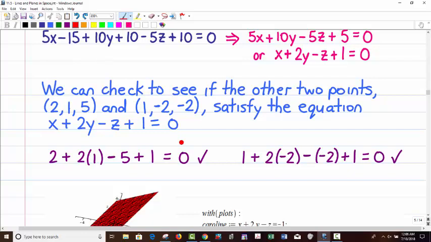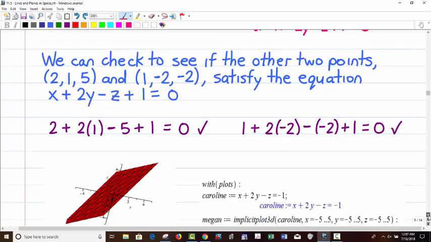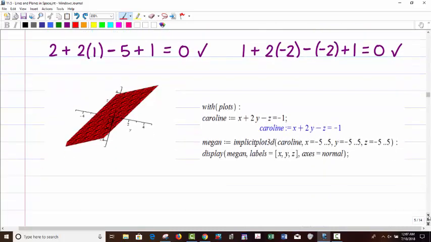I got 0 for the first one, so that's correct, because it equals 0 here. Obviously, if we had a number on the other side, we'd be looking for that number. And this one equals 0, so that makes me feel really good about my answer. All 3 points are on there, so that's probably good. And there's a little graph of that plane.